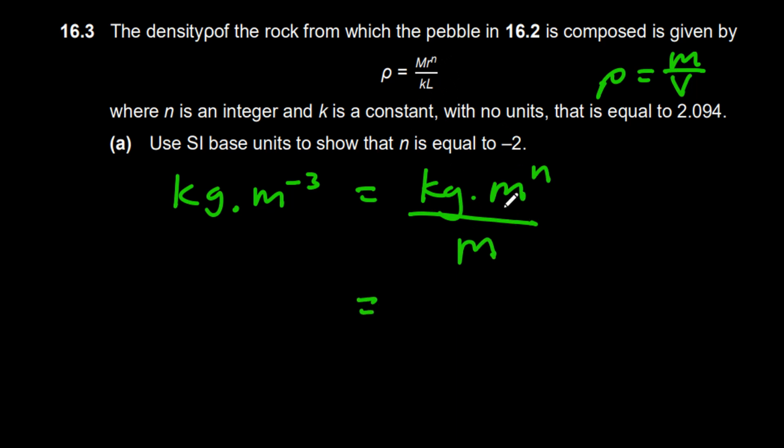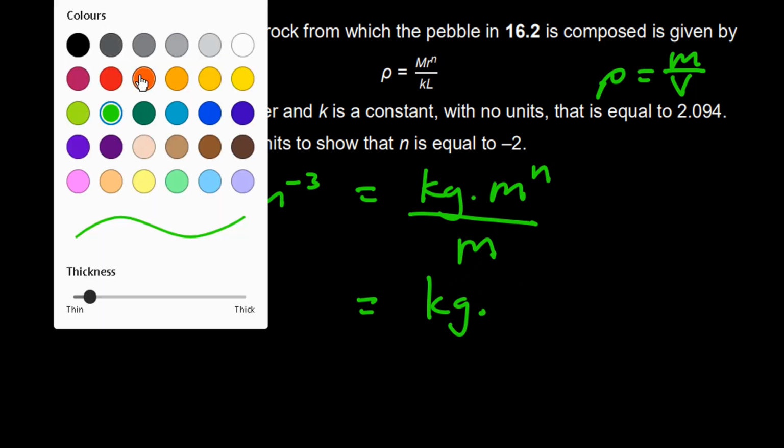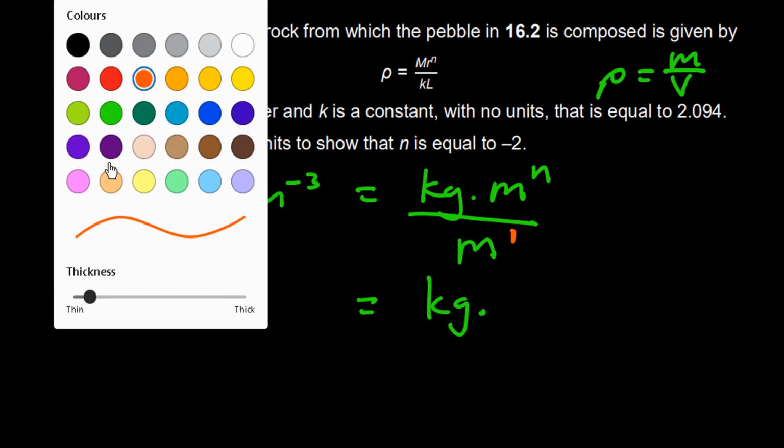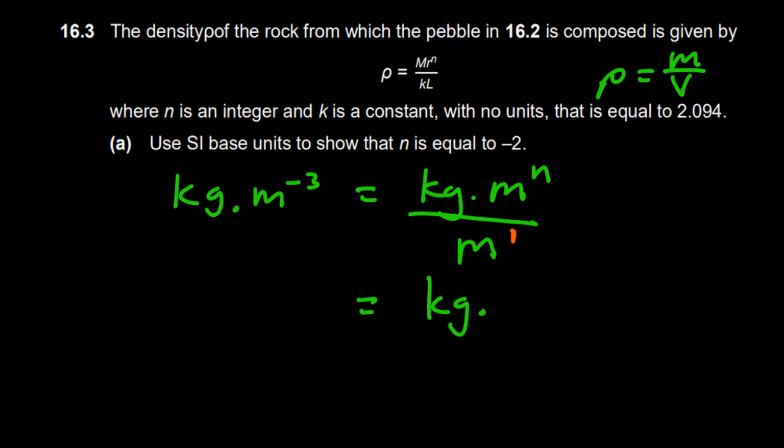We can simplify the right-hand side here. And remember the exponential rule that says when we divide numbers with the same base, we can subtract the powers. So we can use that rule. So on the right-hand side here, we'll have kilograms, meters to the n minus 1.